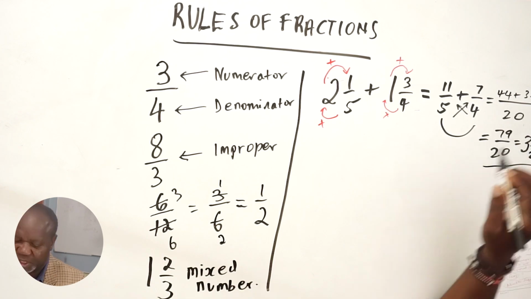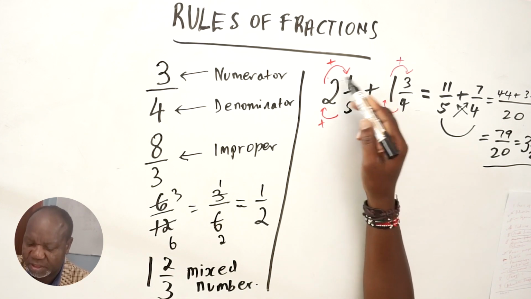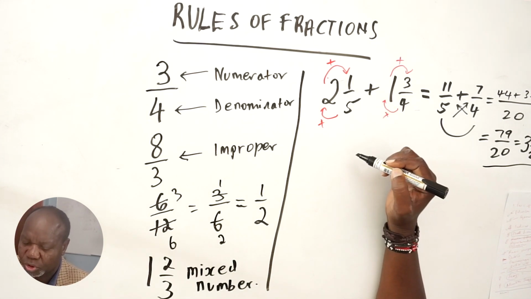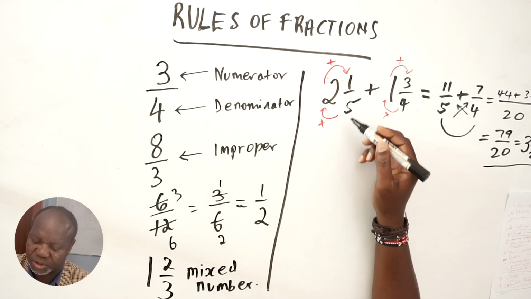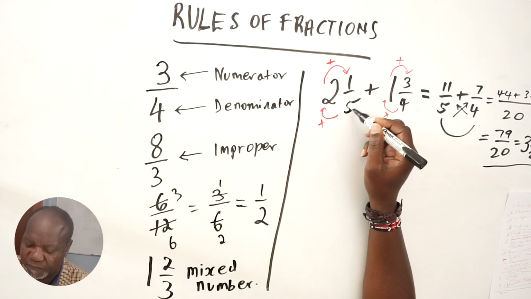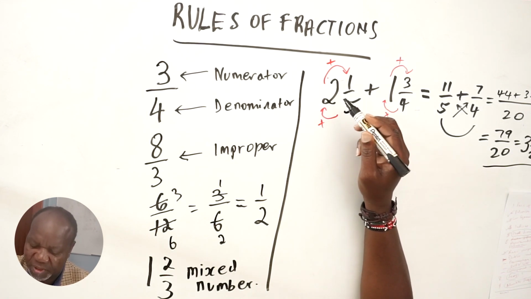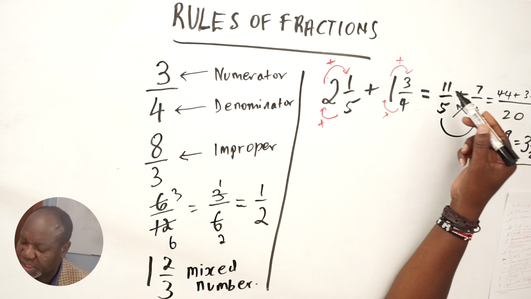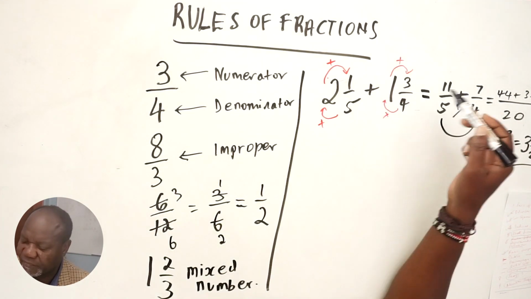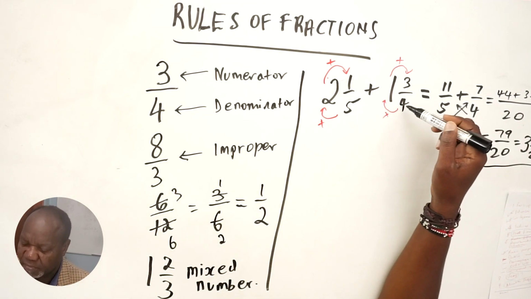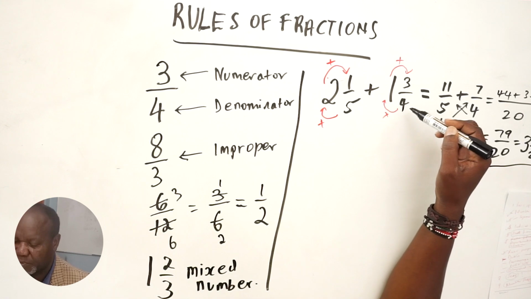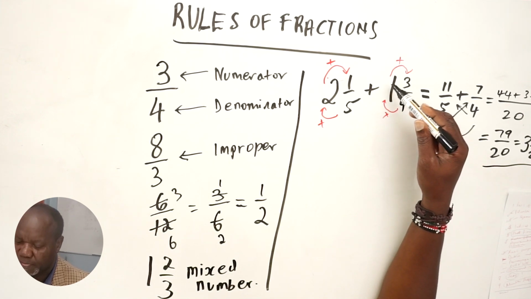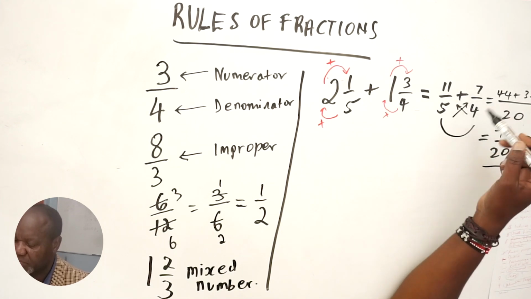Okay, let's repeat. Changing a mixed number to improper fractions is what you must do first. Multiply the denominator times the number, 10, add 1, we get 11. Now 2 and 1/5 becomes 11 over 5. Changing 1 and 3/4 to improper: 4 times 1, 4, plus 3, 7, becomes 7 over 4.